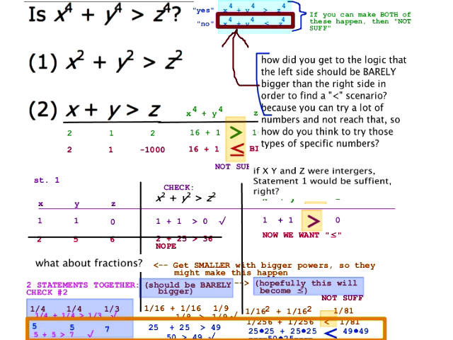And these are all integers. So that's not sufficient, because those are integers. We've actually proved it with integers. Still E like elephant, because we used 5, 5, and 7, and they worked both ways.